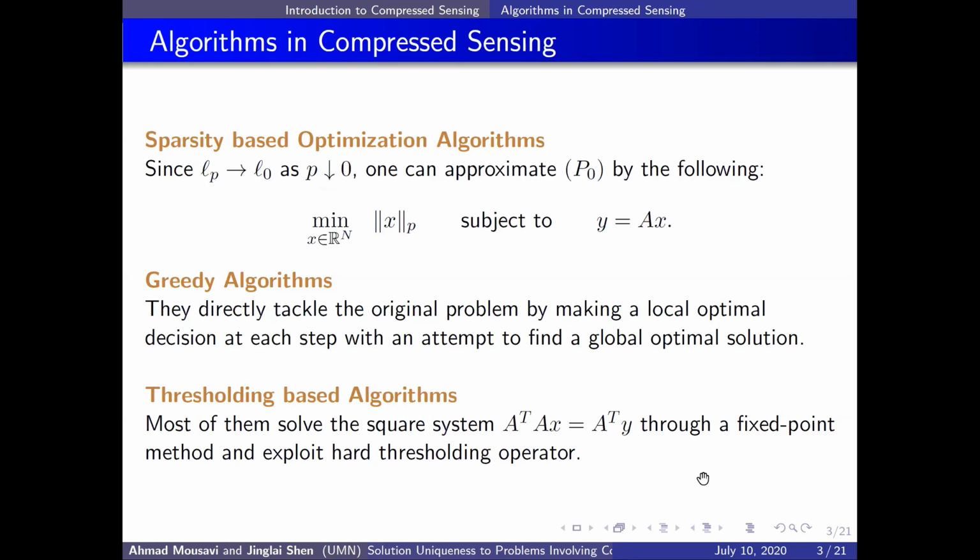But they use A transpose like an A inverse operator here, and then use this hard thresholding operator, which only keeps, for example, the S largest components, in absolute value, of whatever vector you have inside. And basically they are using fixed point methods.